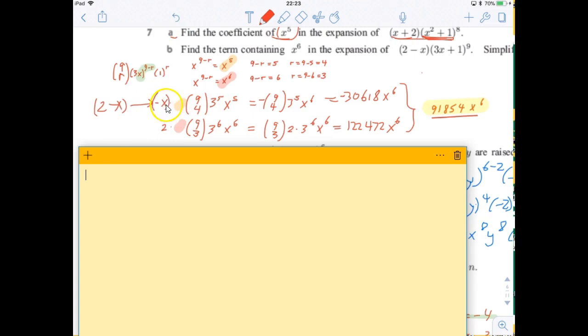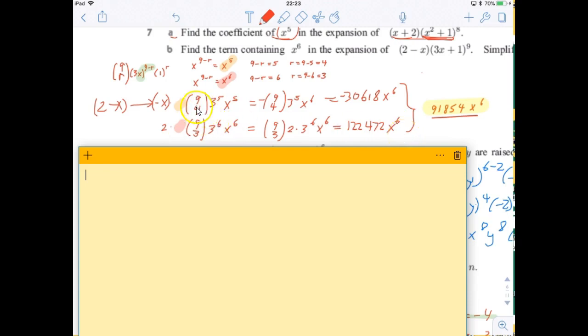First I took the negative x and I put it here, and I put the 2 here. The negative x is going to multiply times the orange term, because negative x times the x to the 5th term will yield an x to the 6th term. The 2 part of this is going to multiply times the red term, because the x to the 6th red term, when multiplied times the 2, continues being an x to the 6th term.